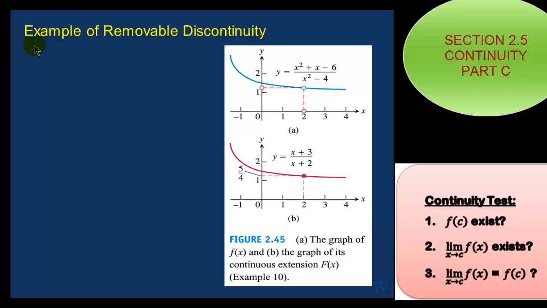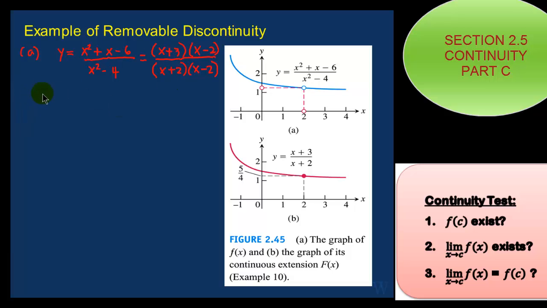Let's look at letter A and rewrite y in terms of its factored form. The top will be x plus 3 times x minus 2, over the bottom, which is a difference of squares, x plus 2 times x minus 2.